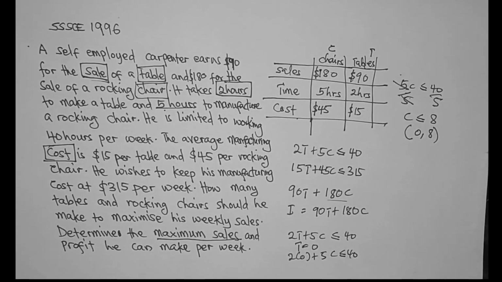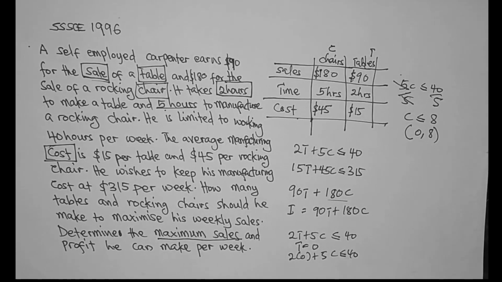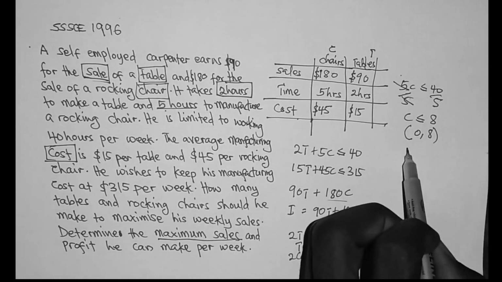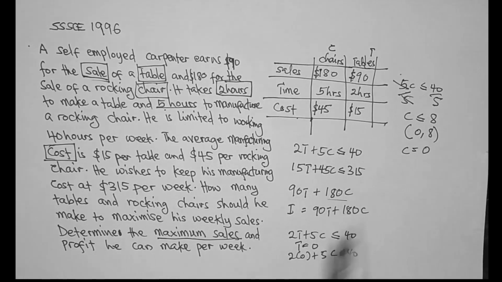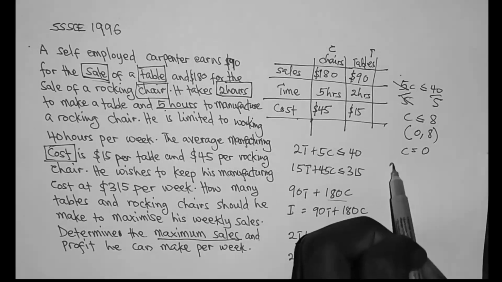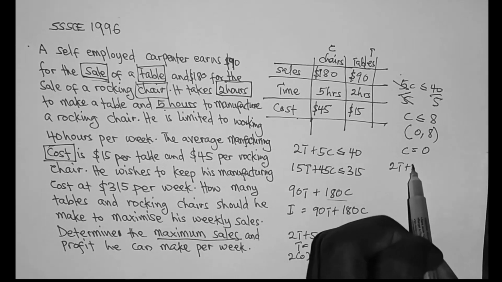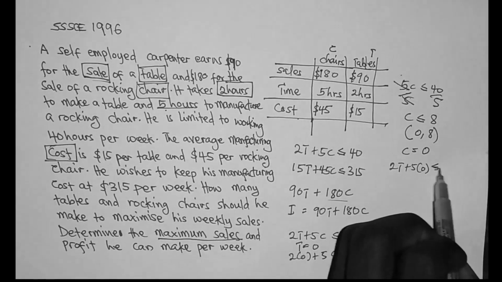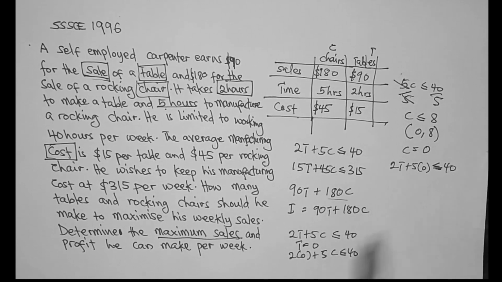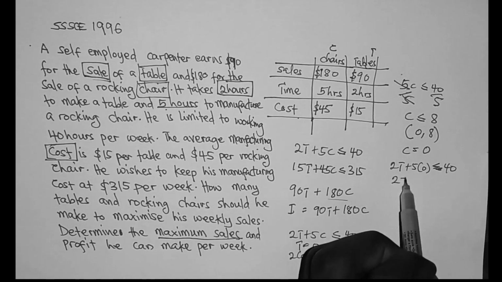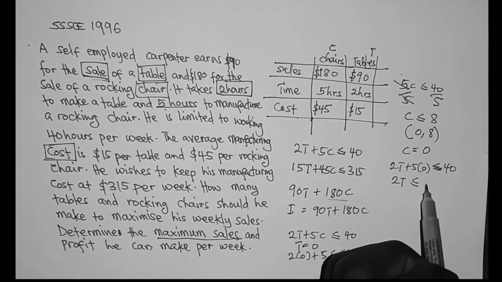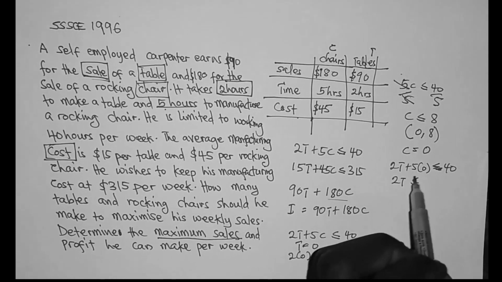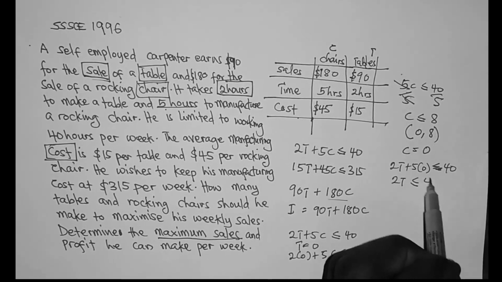Now let's set C equals 0. We will have 2T plus 5 times 0 less than or equal to 40. So 2T is less than or equal to 40.